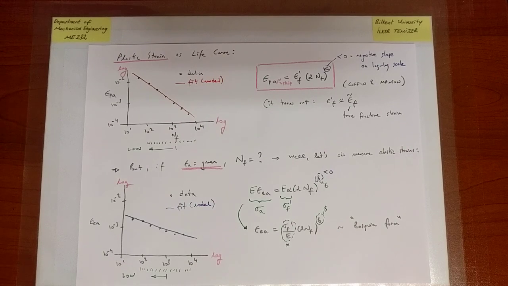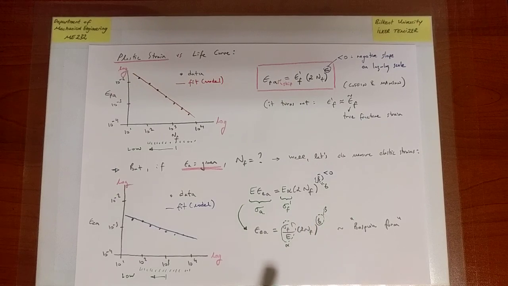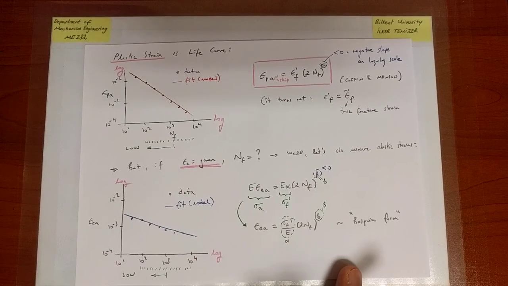The values of sigma f prime and b are associated with this data, and as such, their values might differ from the values that we had for high cycle fatigue, because there the data came from numbers of cycles to failure that were much larger. Indeed, when you look in the book for values of sigma f prime and b applicable to strain-based fatigue, meant mostly for low cycle fatigue, their values are sometimes different than the values we saw earlier for high cycle fatigue.